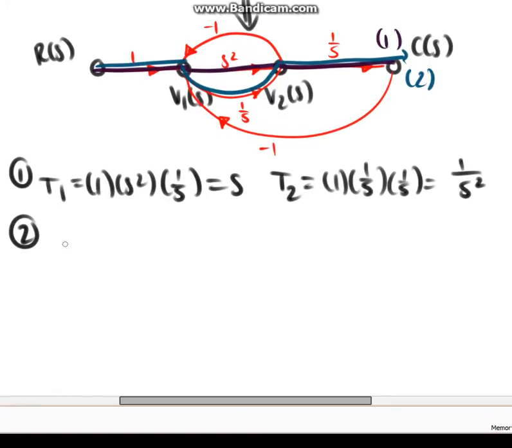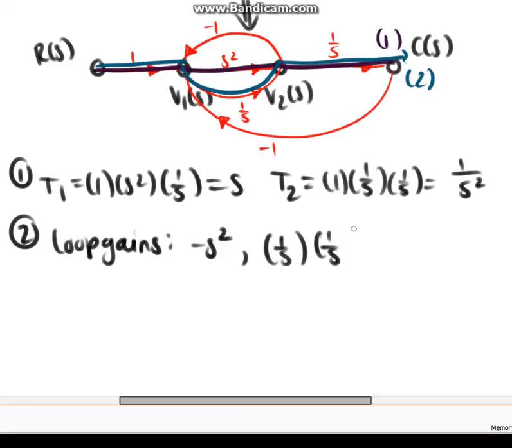So our loop gains are negative S squared, and calculating this large loop here is 1 over S times S squared times negative 1. Therefore we get negative S.